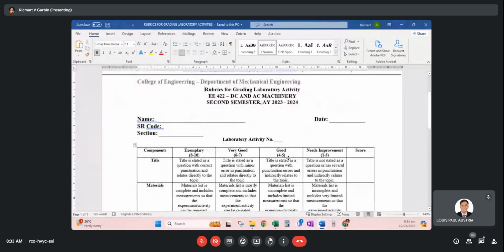Oo, dahil technically isang laboratory activity lang naman talaga yan, although multiple activity siya. Pero considered siya as laboratory activity number 1 lang, divided into papers lang. Kaya isa na lang. So as a whole pa rin ang pag-grade ko dyan kapag chinicheck ko siya. Sige po. Thank you po.